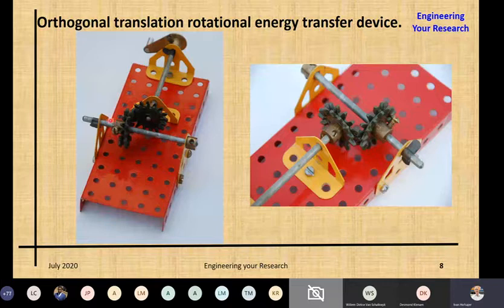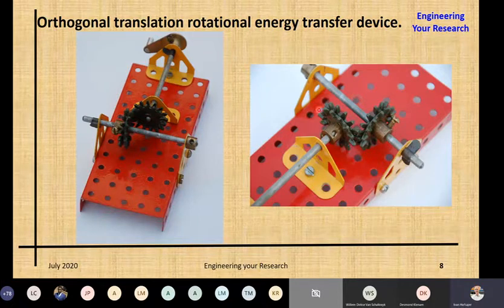So now I'm really thinking, yeah, orthogonal, so 90 degrees, that it's a translation, sure. So that I had a rotation in one direction here, and I got a rotation in another direction there. And I'm thinking I can transfer energy across this device. And over here, out on the right-hand side, I can see a close-up of what those gears are doing. And all of a sudden, I can say that these pictures make sense in relation to this title that I've been given. So I can sort of claim I understand.